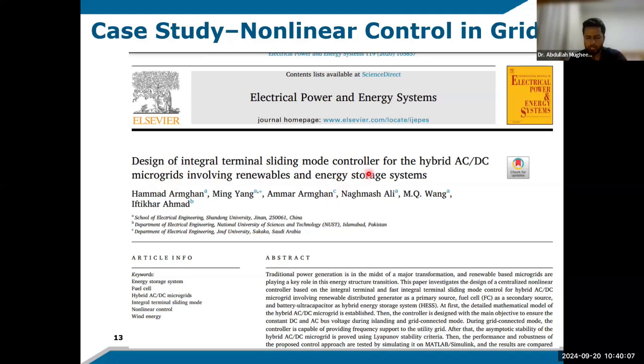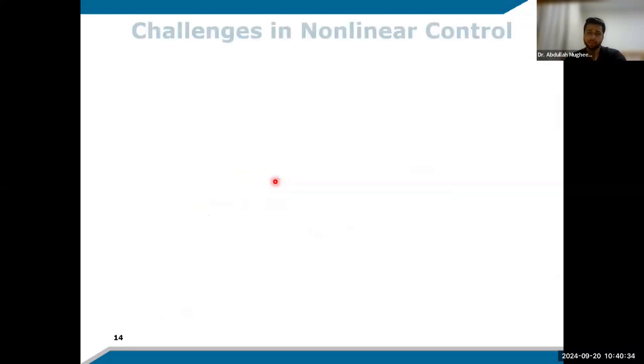There are a lot of techniques that are used for a lot of systems. These researchers use this integral terminal sliding mode, which is an advanced form of the sliding mode control. Okay, so they use this to stabilize this hybrid AC/DC microgrid. The purpose of these case studies was to give you an idea how these nonlinear control techniques are working in various different kinds of domains.